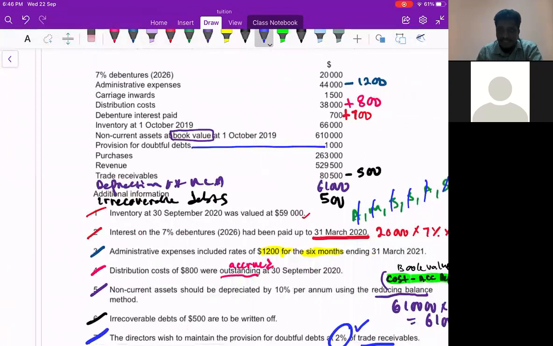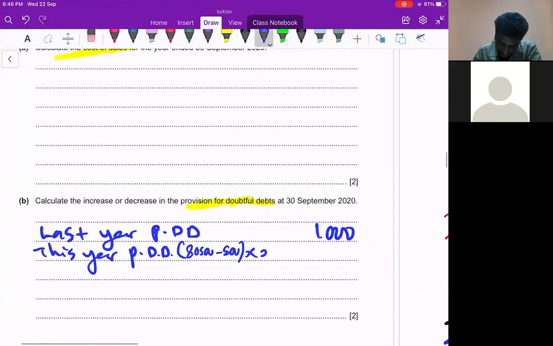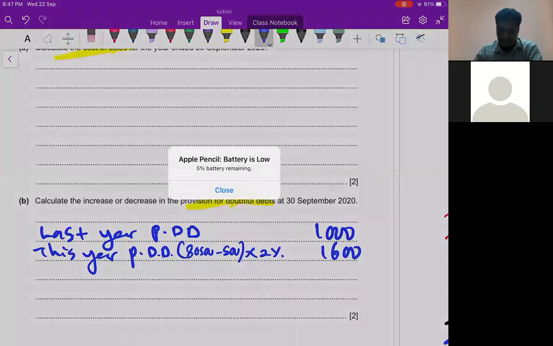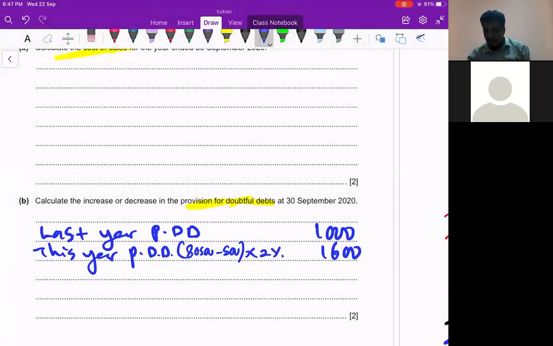Your PDD is 2%. 80,500 minus 500, I get 80,000. 80,000 times 2% is 1,600. So last year PDD is 1,000, and this year PDD is 1,600.